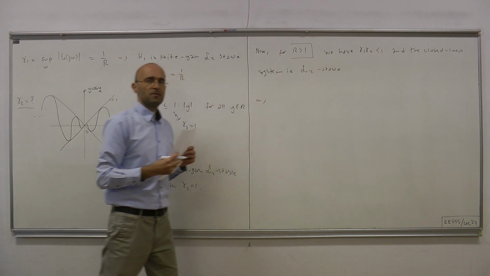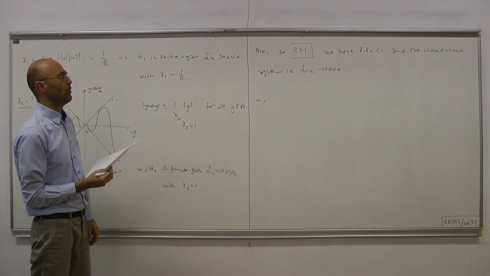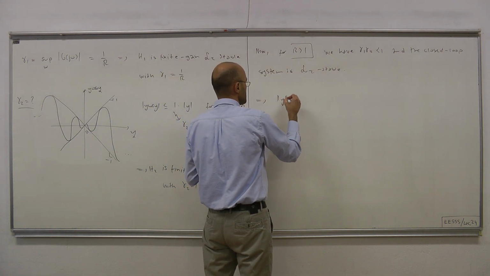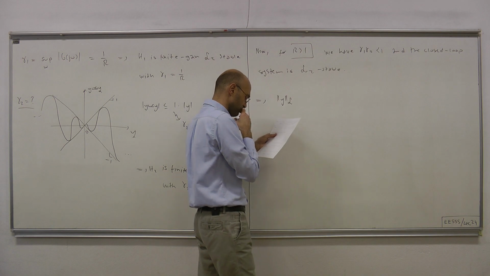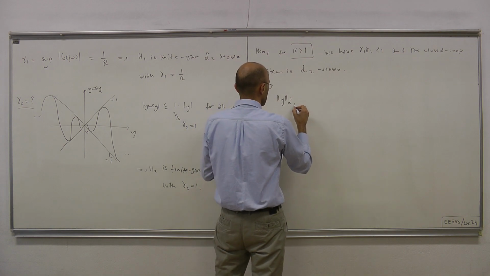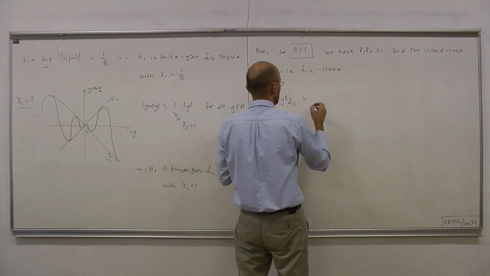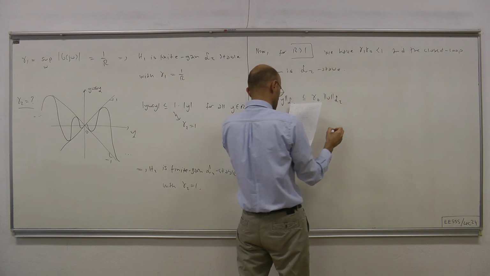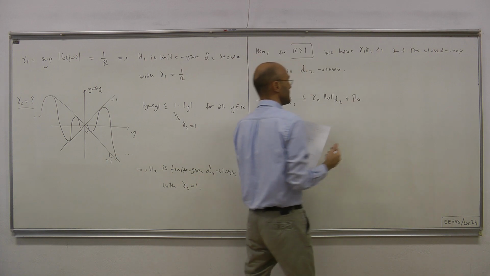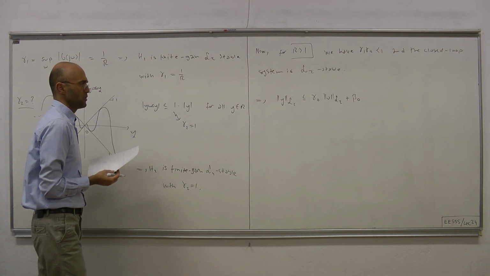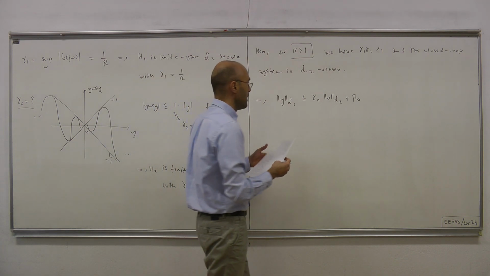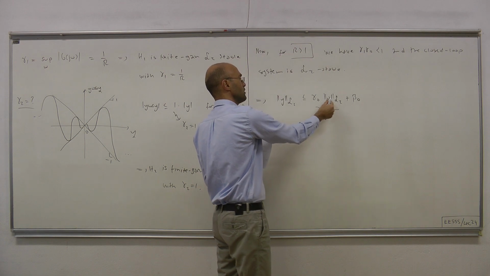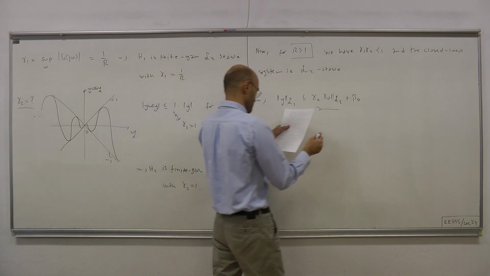Then let's interpret the implication of L2 stability of the feedback system. So what we have is the L2 norm of y is less than or equal to gamma 0 times the L2 norm of u plus a constant representing the initial conditions. Now in our case, we consider 0 external input. Therefore, here the norm of u is 0, and this term is 0.